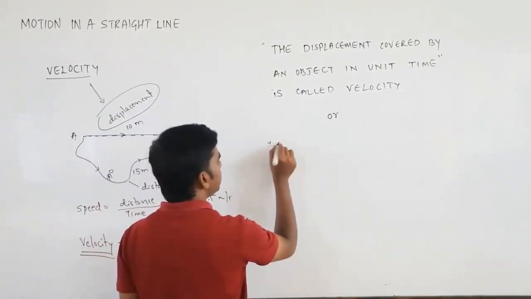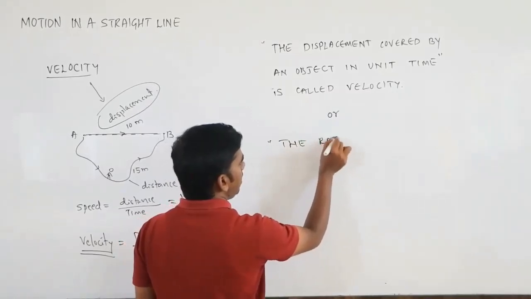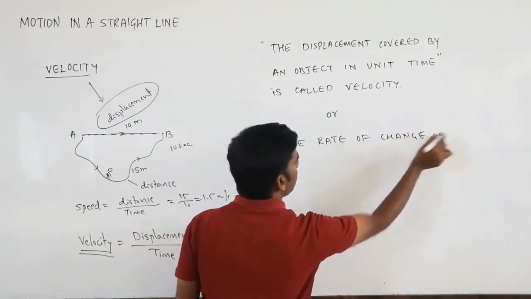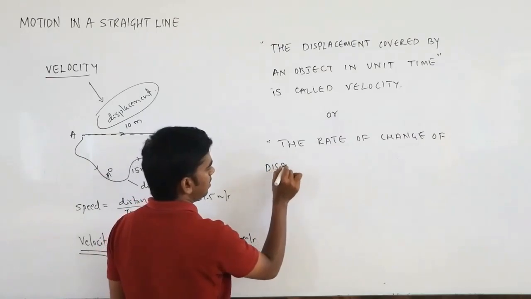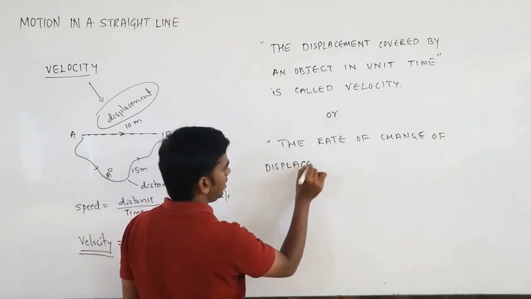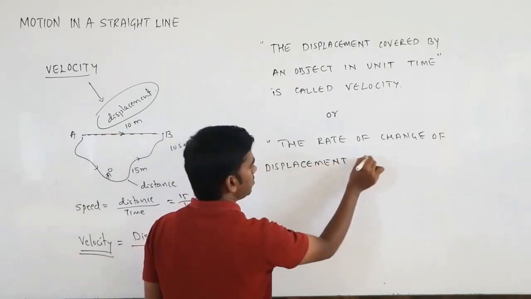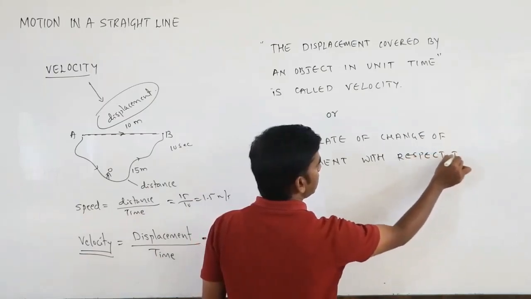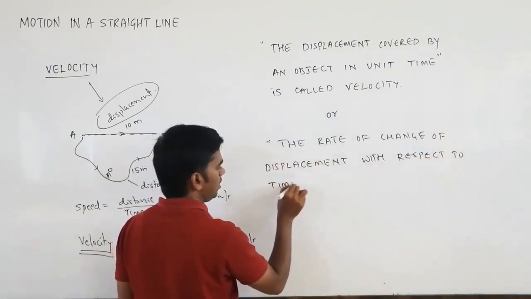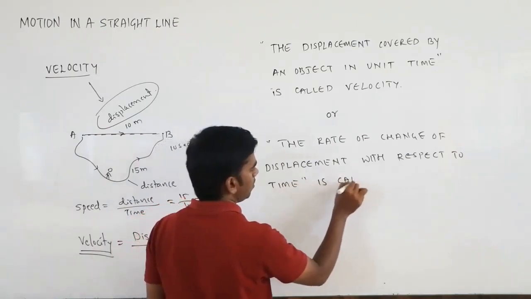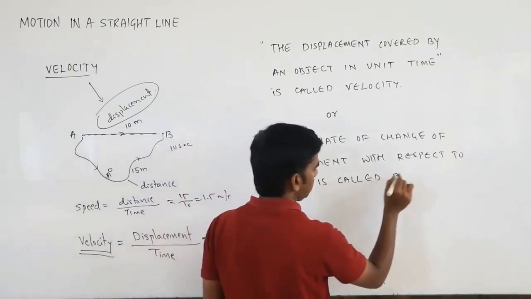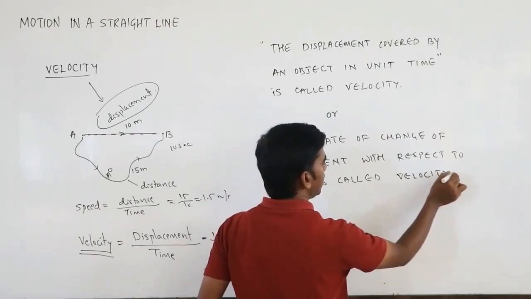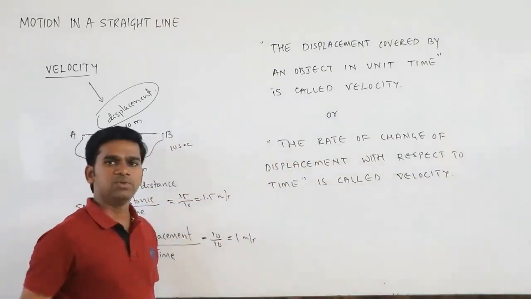So one more definition is the rate of change of displacement with respect to time is called velocity. Any definition you can go with, whichever you feel is easy.